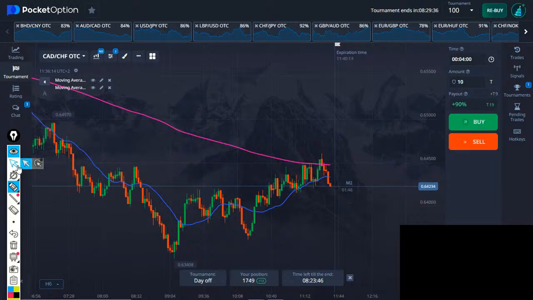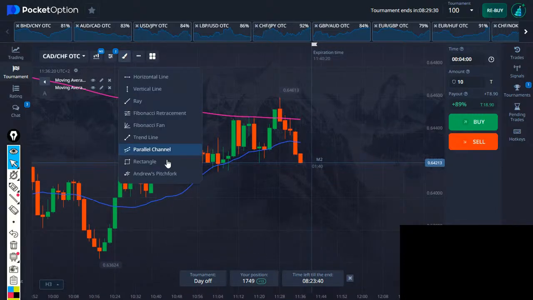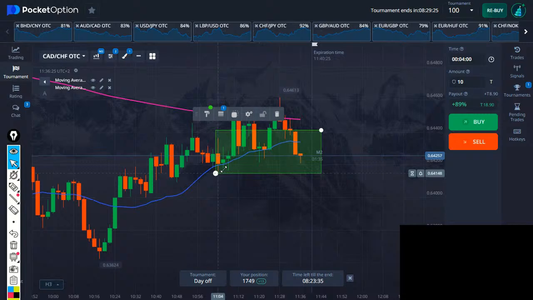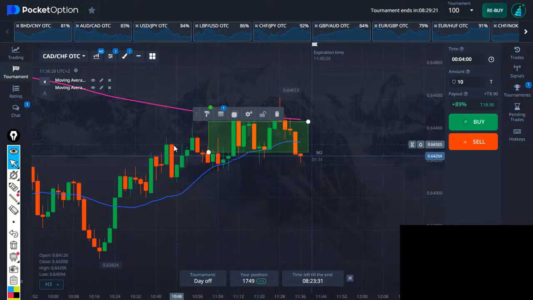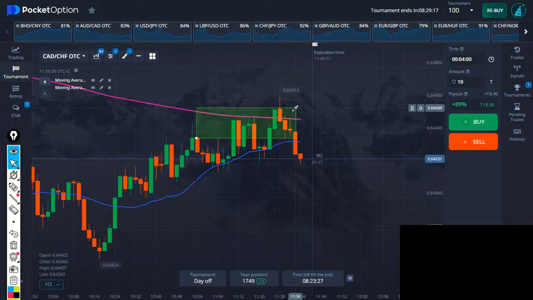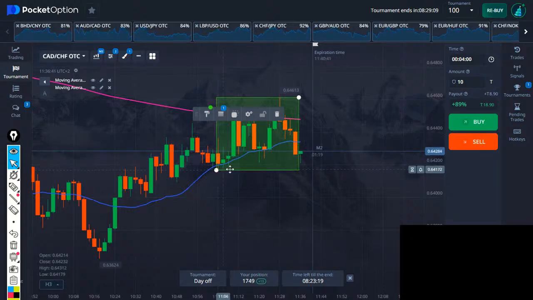so here, what do we need to do when you have a narrow state like this? You have to get yourself a rectangle, and using this rectangle you should mark the highs and the lows of the previous 10 to 15 2-minute candles.